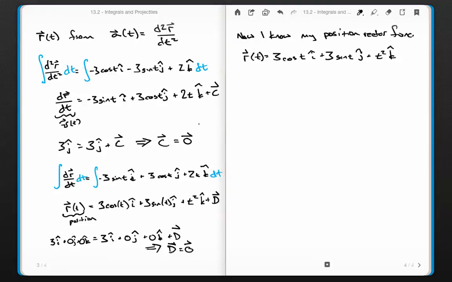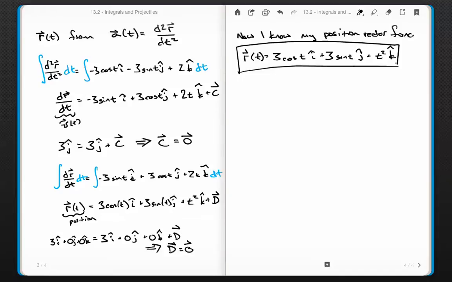And so using my initial conditions, my initial velocity, which I knew was 3j, my initial position, which was 300, I can figure out these constants of integration. I can figure out that this c goes to 0 and that this d over here goes to 0. So this is what we've got. And let's put a box around that because it's our final answer. Just like that. Good.